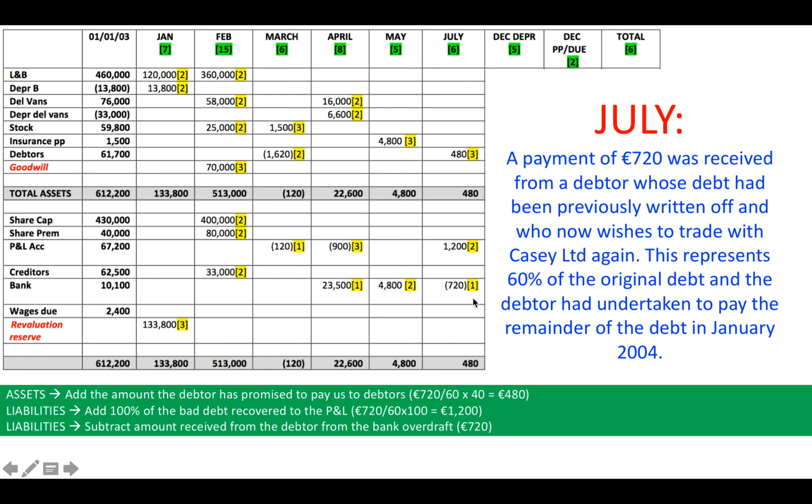Now, 60% we have received, 40% they've promised that they're going to pay us. We are going to put, like in question 1, 100% into the P&L because that is going to increase our profit figure. So the 100% is 1,200 there, gone into the profit and loss. So altogether, you've got 480 assets and 480 liabilities.